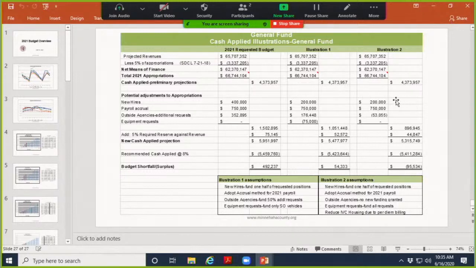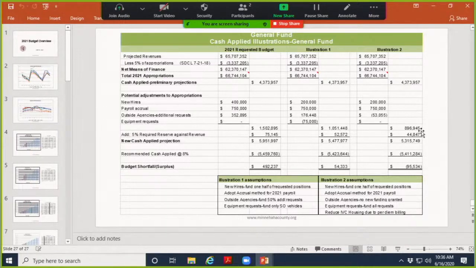And then in the third illustration, if we backed off a little more as far as expenses, fill half the positions, do the payroll accrual, adjust our allocation to Carroll Institute for IVC housing, but don't give any funding increases to any other outside agencies, and we leave equipment requests as they were projected, we'd give everybody their equipment.